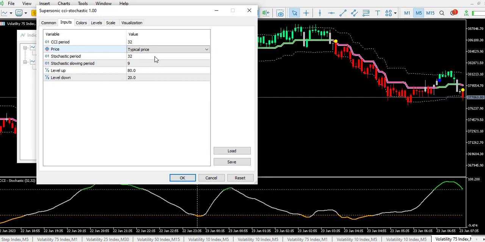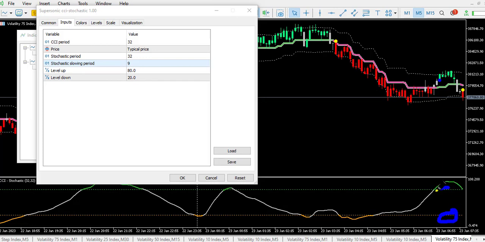You can play with all these values, but this is what I am using here. If you change the value, where the buy and sell signals are generated is going to change, but this is what I'm using for now. So the level up is 80 and level down is 20. The value here is 20 and here is 80.